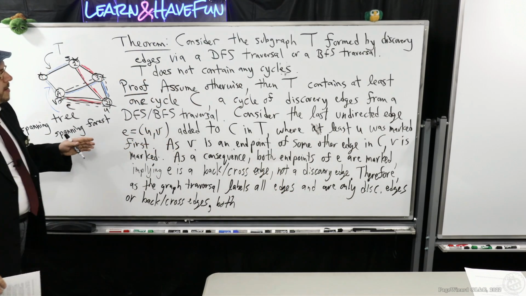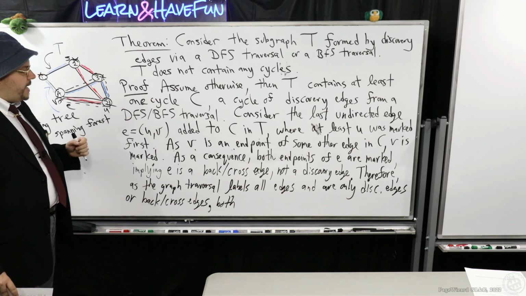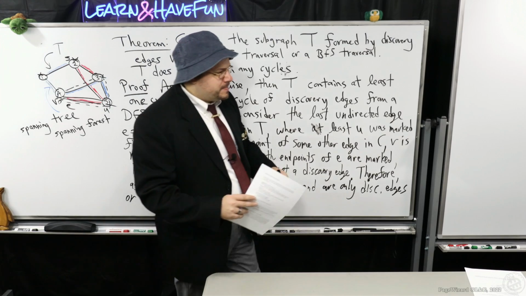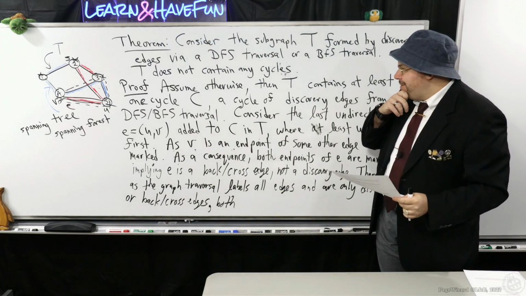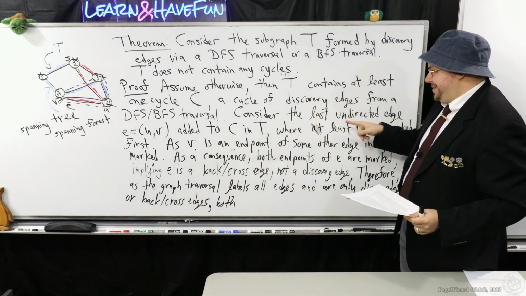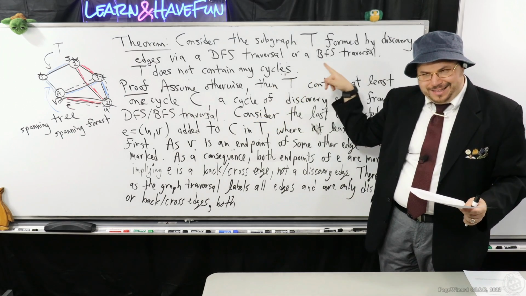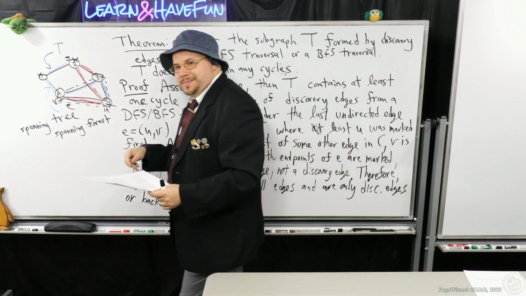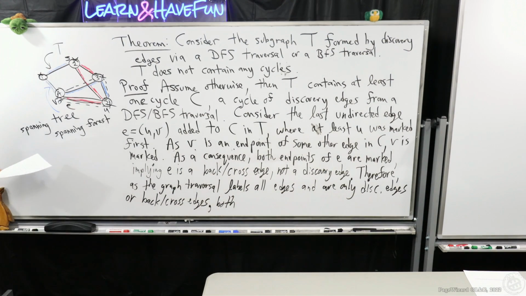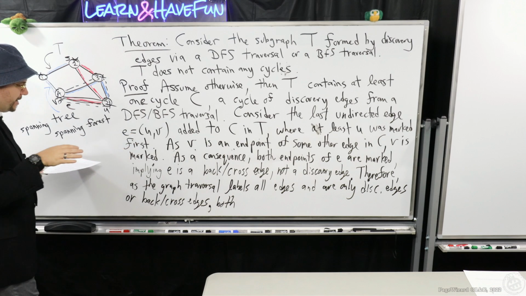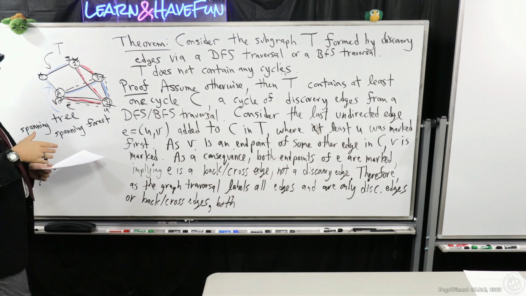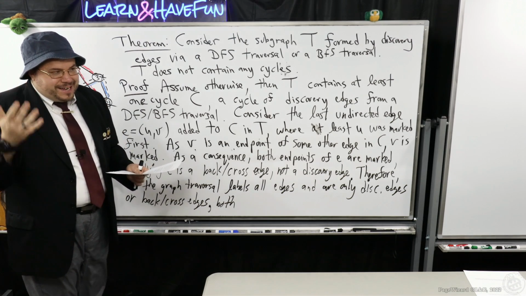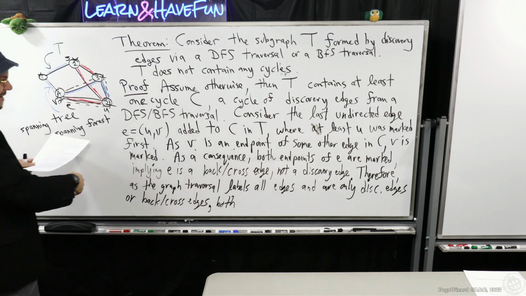What does it mean? We've assumed that we have a cycle, right? We've assumed there is a cycle. That means that this edge E exists, right? That edge E exists in this subgraph T, right? Now we've waded through the jungle carefully, and we've come to the conclusion, from that presumption, that also edge E isn't in T, right? That's what it means, because it is not a discovery edge.